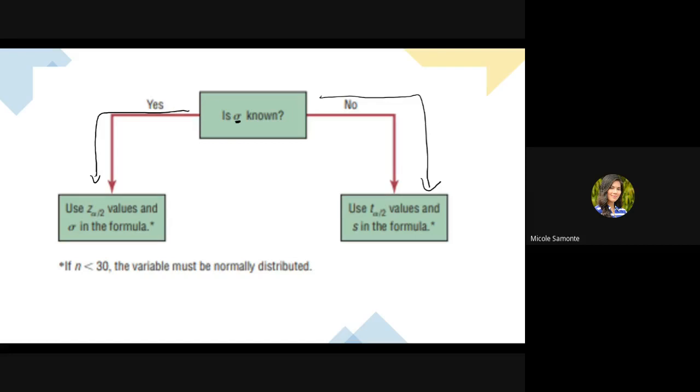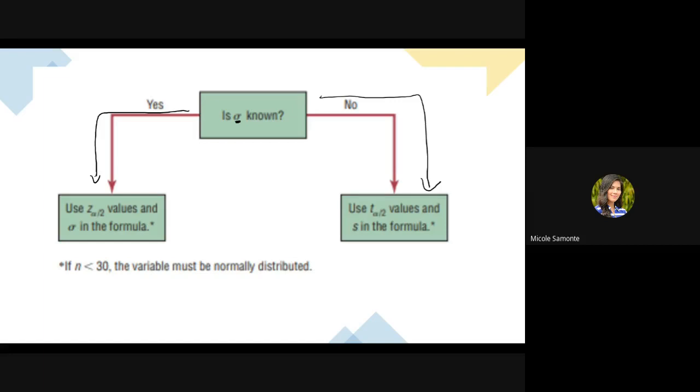Kapag ang population standard deviation ay wala, pero ang sample size mo ay greater than or equal to 30, then ang gagamitin mo ay sample standard deviation. T-test naman ngayon: kapag ang population standard deviation ay nawawala, pero ang sample size mo ay less than 30, then t-test pa rin ang gagamitin natin.